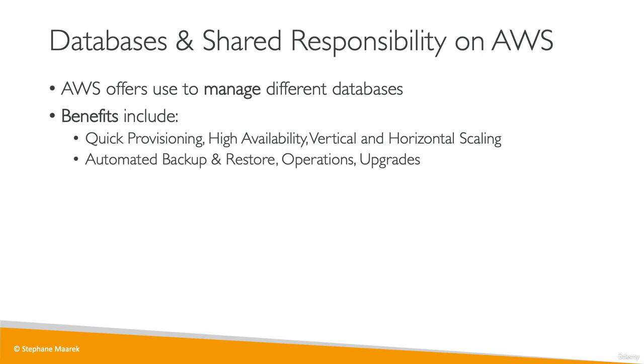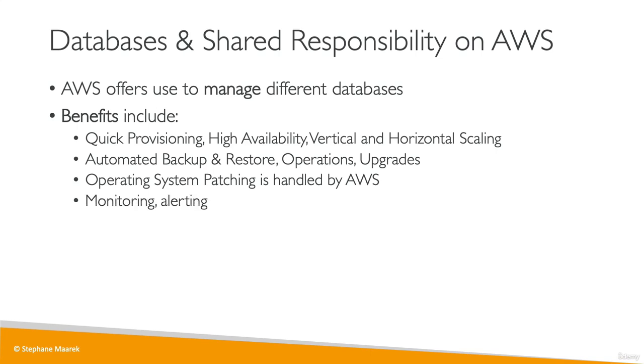They will also include utilities to do automated backup and restore of your databases, as well as operations and upgrades. And if you need to patch the operating system of the underlying instance, it's not your responsibility anymore, it's AWS's responsibility. So AWS will be responsible for the entire database in terms of patching. The monitoring and the alerting are also going to be integrated. This is why using a managed database on AWS is very beneficial.